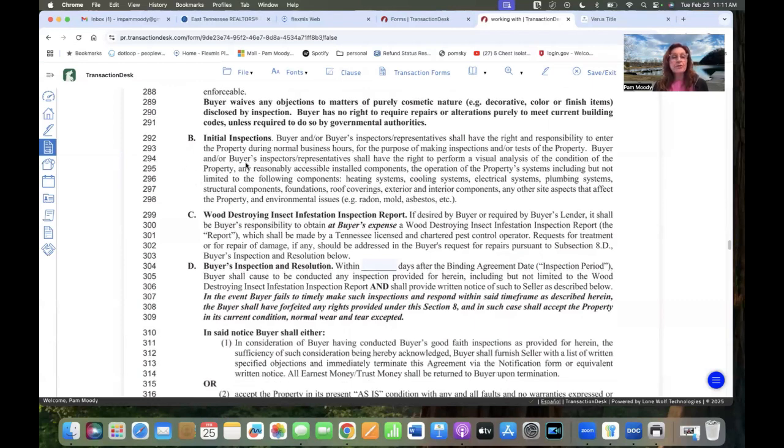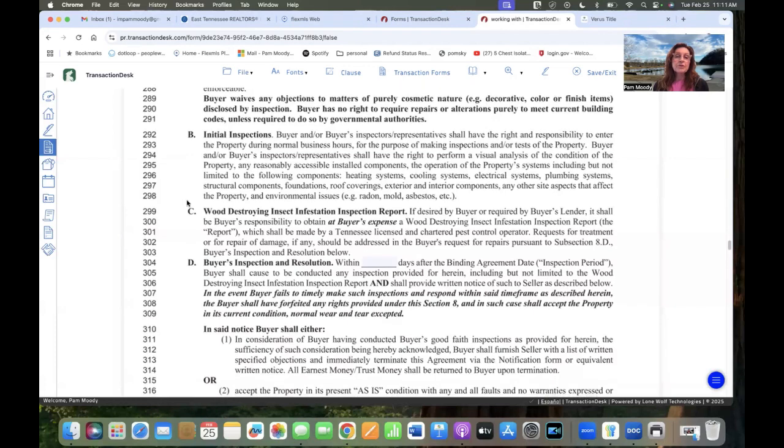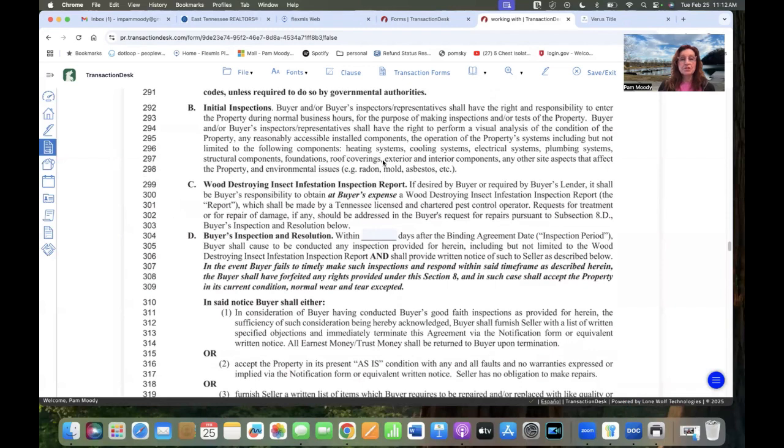They shall have the right to perform a visual analysis of the condition of the property, any reasonably accessible installed components, and the operation of the property systems, including but not limited to the following components: heating, cooling, electrical systems, plumbing systems, structural components, foundations, roof coverings, exterior and interior components, and any other site aspects that affect the property, and environmental issues.